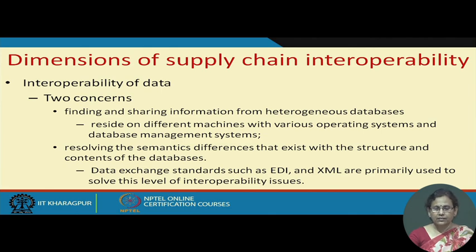Then it is difficult to resolve, and appropriate measures have to be taken. The second one is about resolving the semantic differences that exist between the systems with respect to the structure and contents of the database.